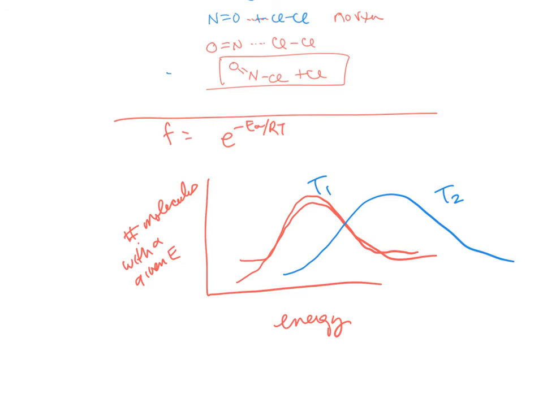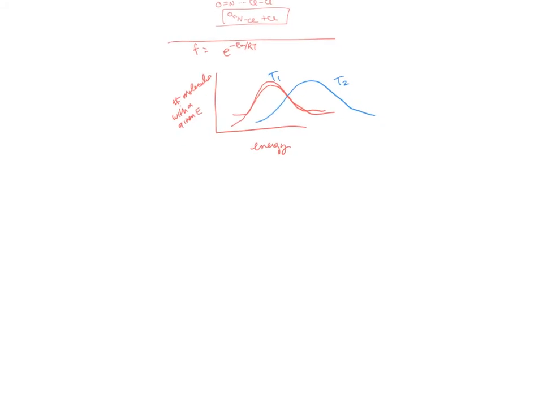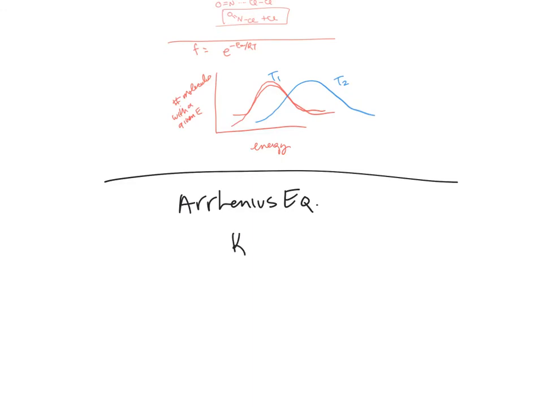Now put it all together and finish up this topic here. We have from the Arrhenius equation that k is equal to A e to the minus EA over RT.